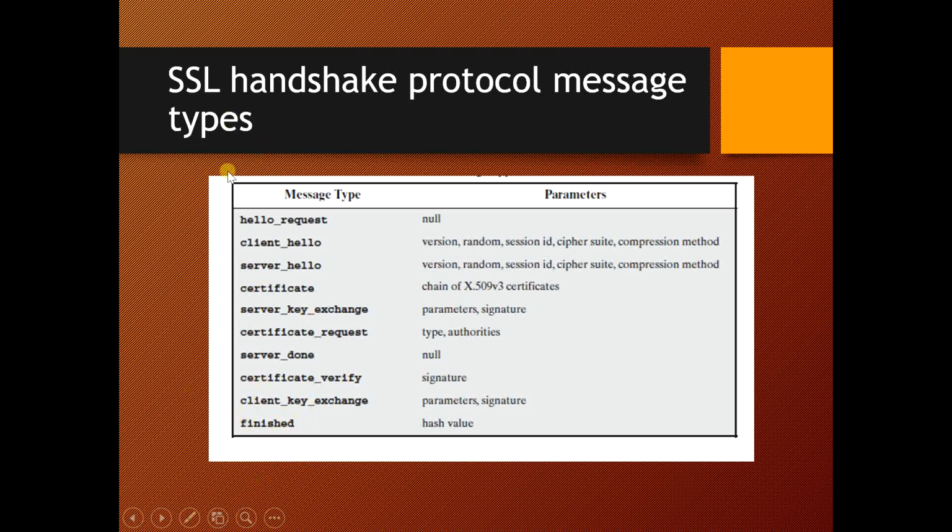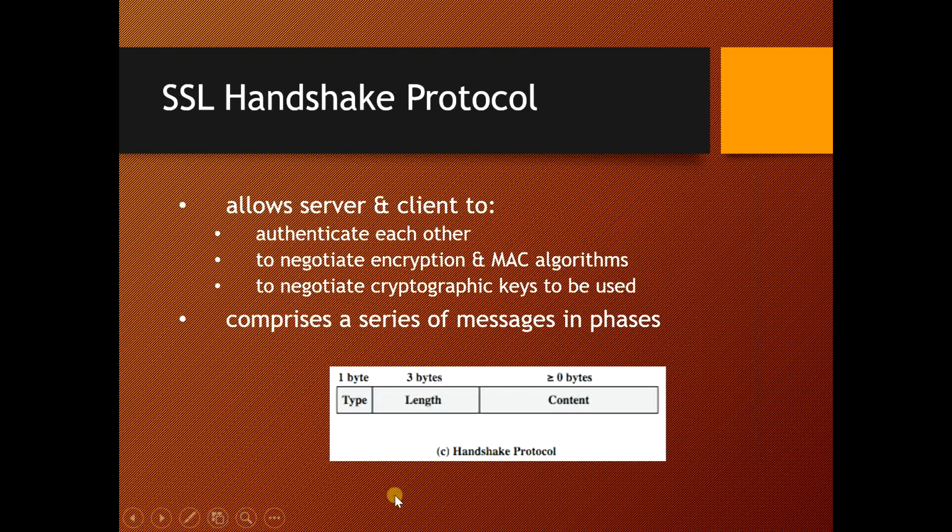These 10 messages will be used, and these are the parameters that are associated with each of the messages mentioned here. The length of the message will be stored in the second field, whereas the parameters associated with it will be stored in the content, that is the third field.